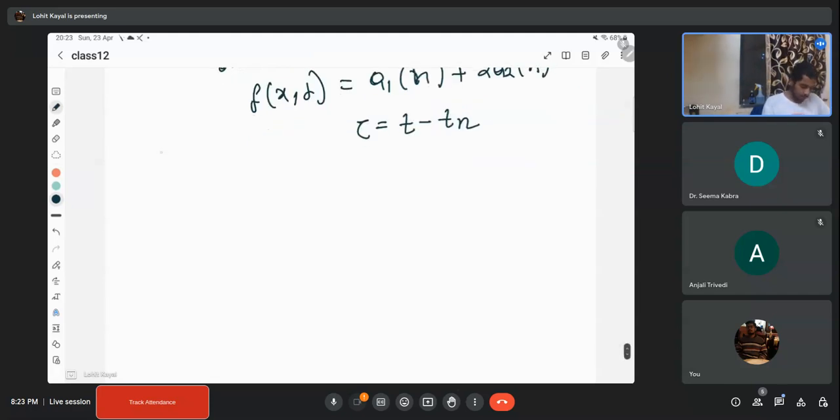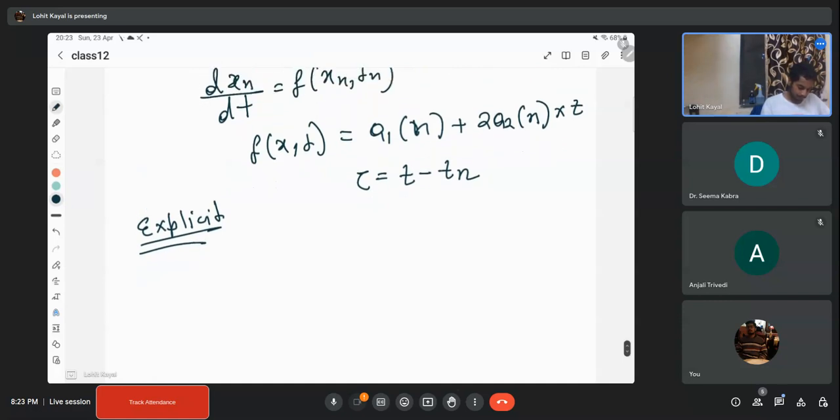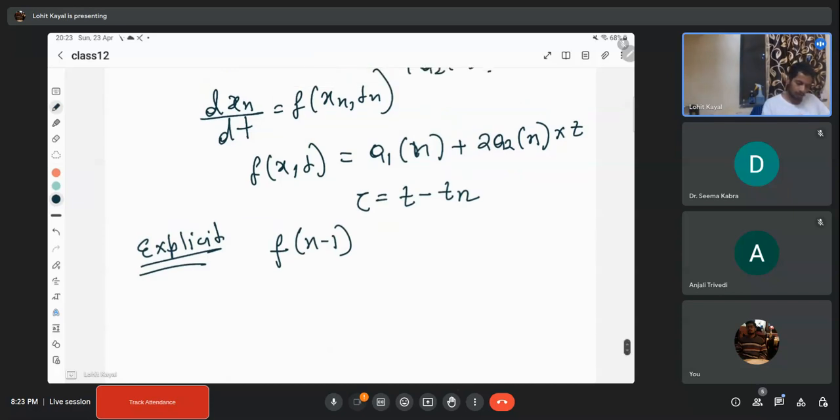So for the explicit method, what will be the case? In the explicit method, if I am at the n step, then I should know the previous step fn minus 1. Suppose it is a single step explicit method, so I should know fn minus 1. So what will be fn minus 1 from this definition?